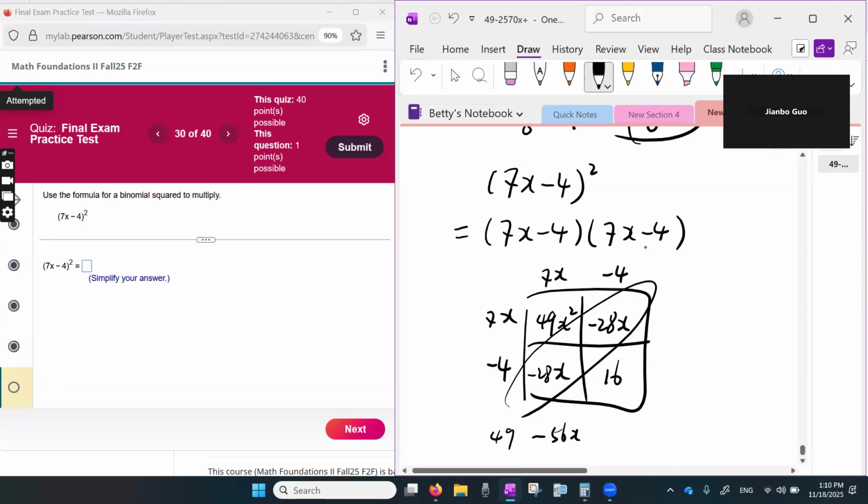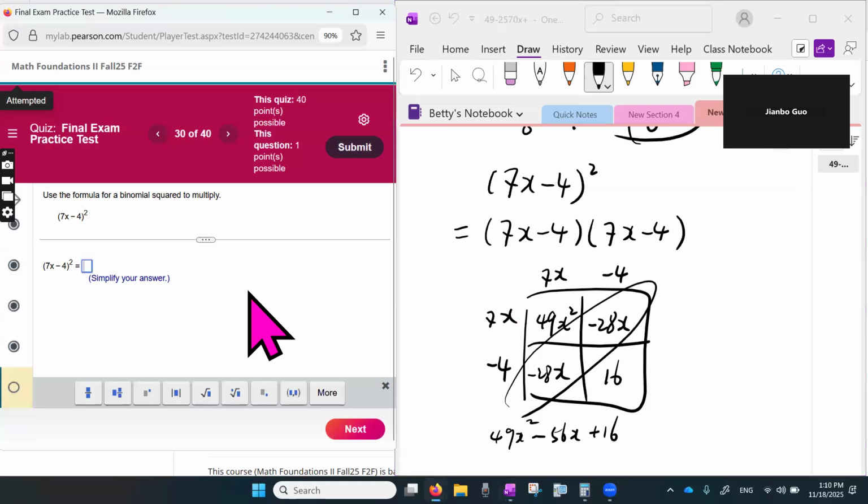With the 49x squared and the 16, the final answer is a trinomial of degree 2: 49x squared minus 56x plus 16, right?